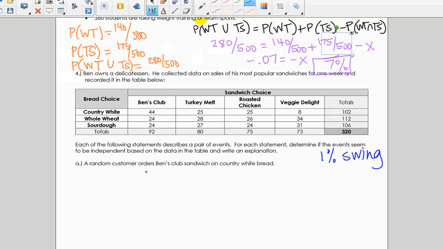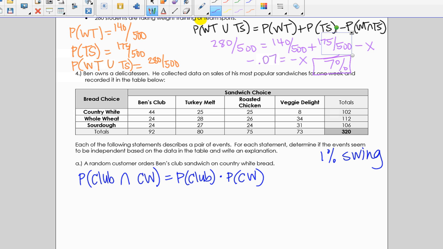So a random customer orders Ben's Club sandwich on country white bread. That's saying the probability of a club and country white bread is equal to the probability of a club times the probability of country white bread. They're just seeing if there's some sort of correlation between those two.